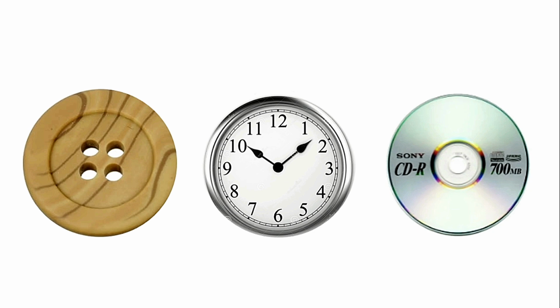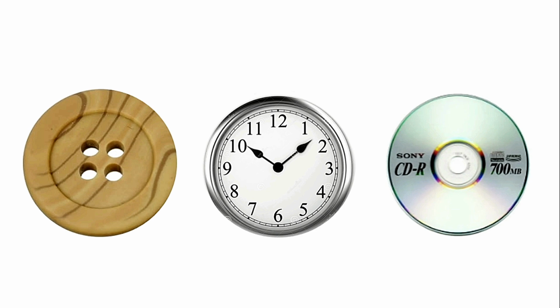As we see in our daily life, there are many examples of circles, like we are seeing here a button of a coat or shirt, a wall watch, and a CD. We can see that the front face of all these three items has the same shape.